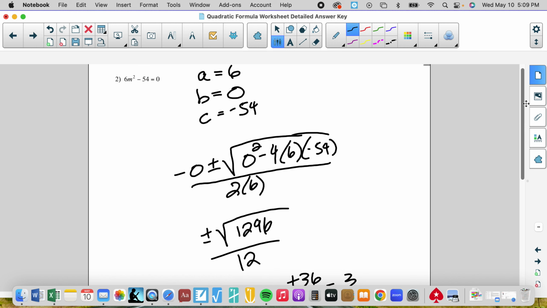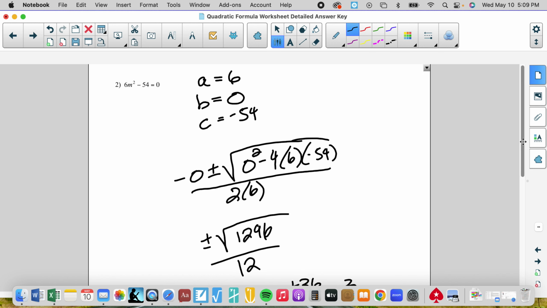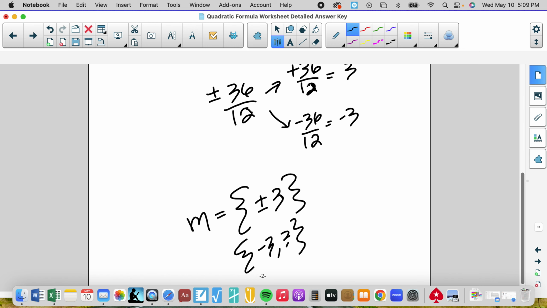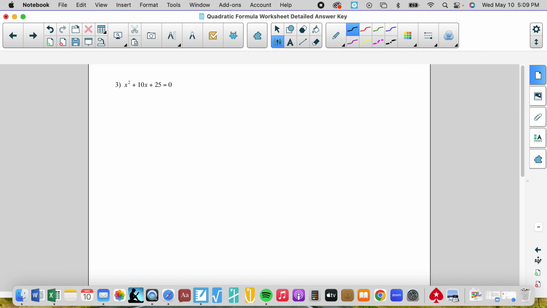So my solution, what's my variable? M. So M is going to equal plus or minus 3. You also could have written it as negative 3, positive 3. Same answer.